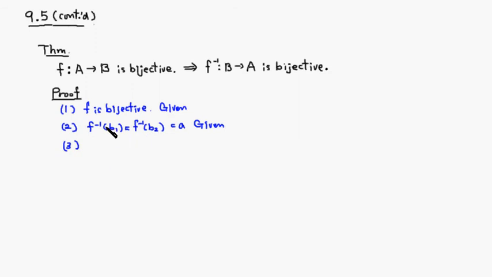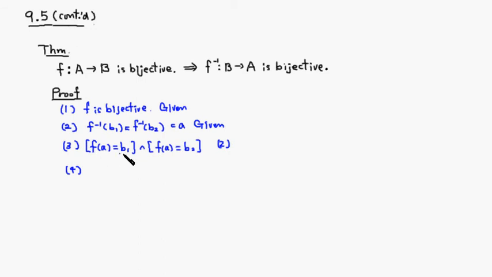So let's rewrite that. Since f inverse goes from b1 to a, which means that f will go from a to b1. At the same time, f of a will go to b2. So from line 2, line 4.